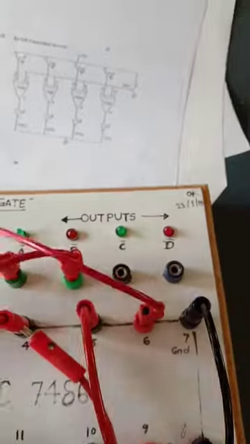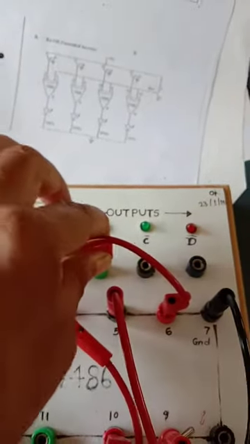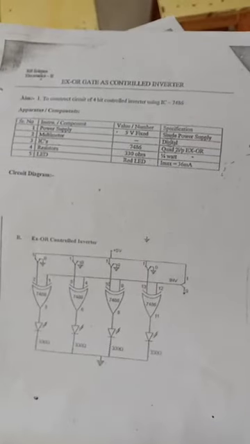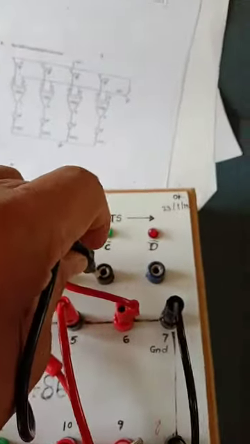Then pin number 8 is the output of the third XOR gate, and I am connecting it to the C bar output.